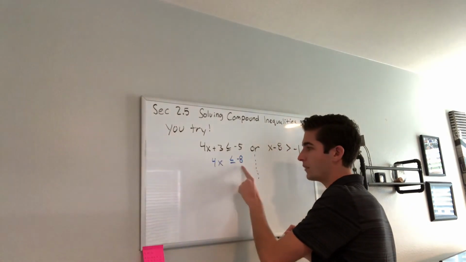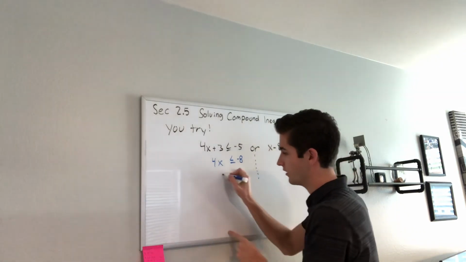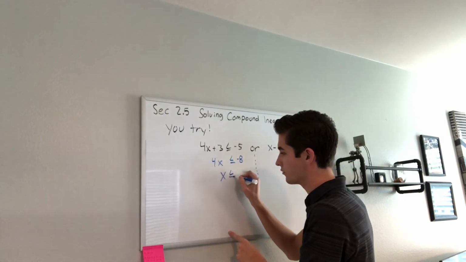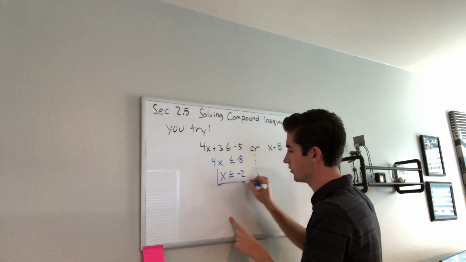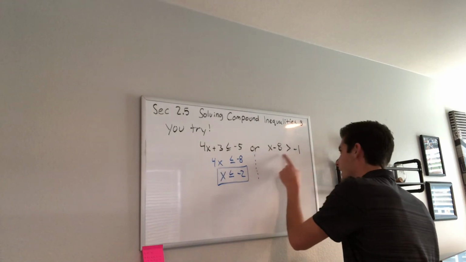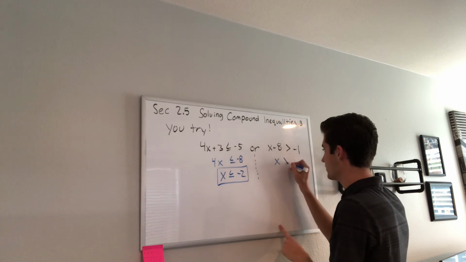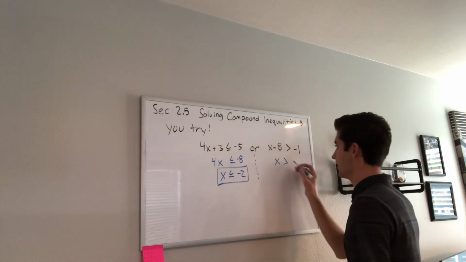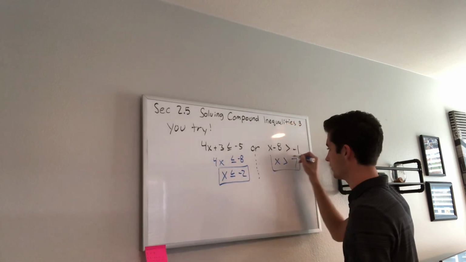When we divide by 4 from each side, we're dividing by a positive, so we don't need to change the sign. We'll have x is greater than or equal to -2. We're going to add 8 to each side here, right? When we add 8, we'll have x is greater than 7. Perfect.